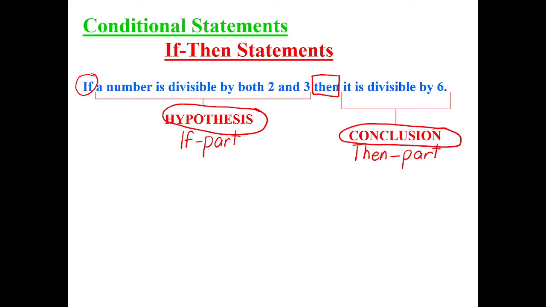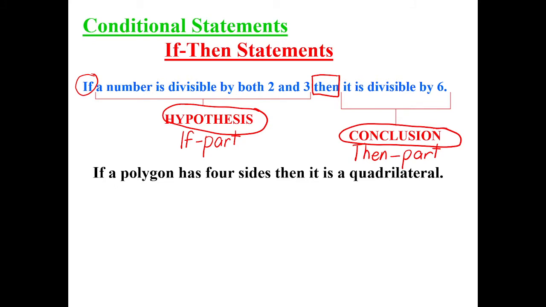Okay? Now let's continue. Who can give me the hypothesis in this example? Anyone? Again, correct. A polygon has 4 sides. This is our hypothesis. What about the conclusion? It is a quadrilateral.